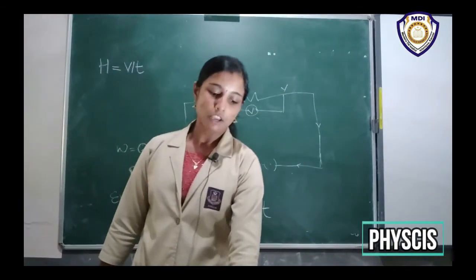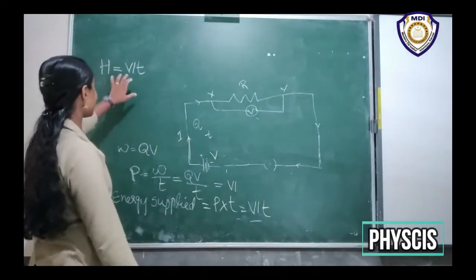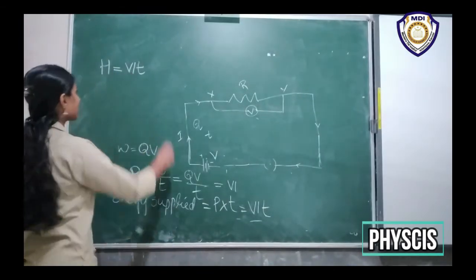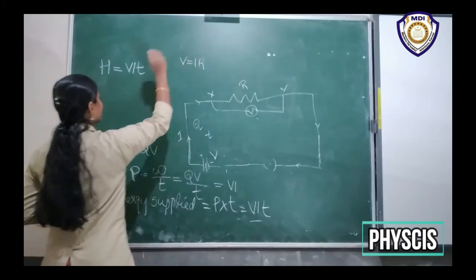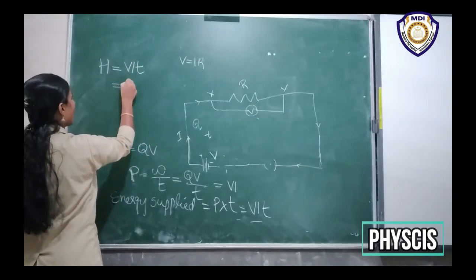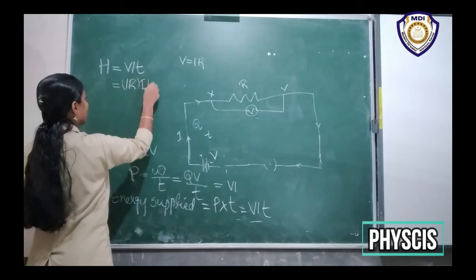And from Ohm's law, we know V is equal to IR. Substituting IR for V, H is equal to IR into IT.